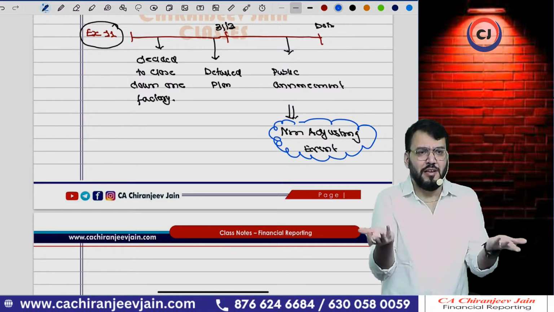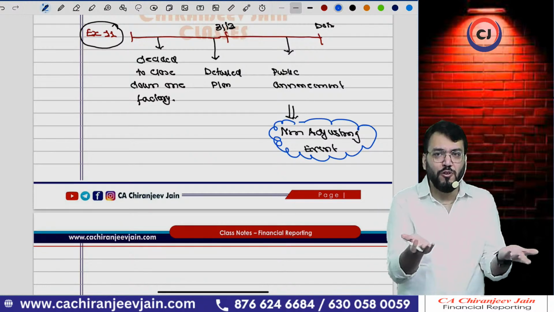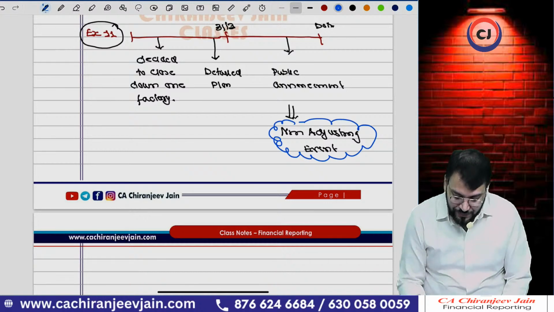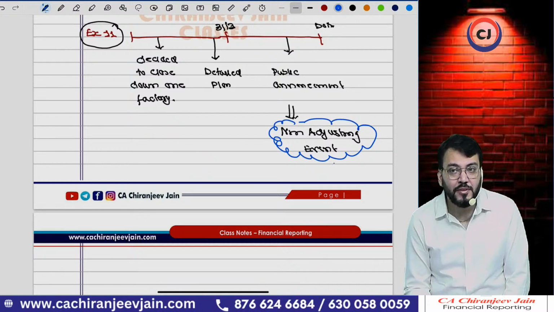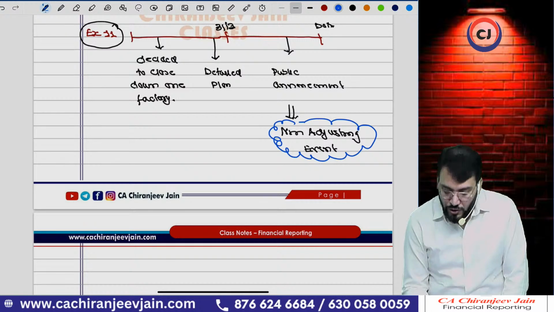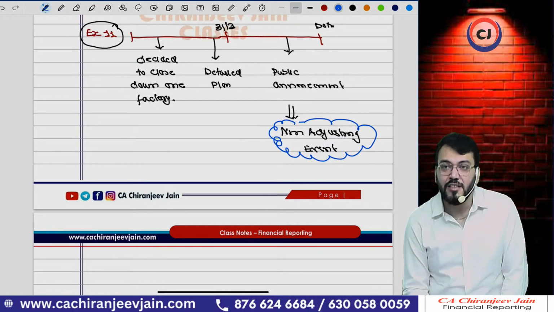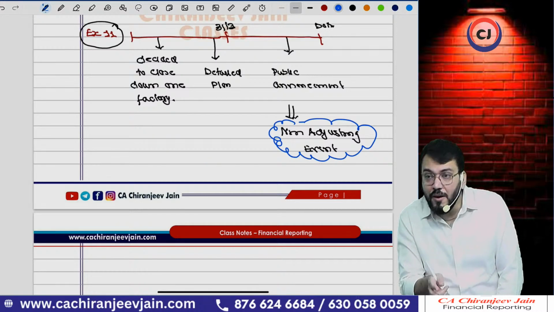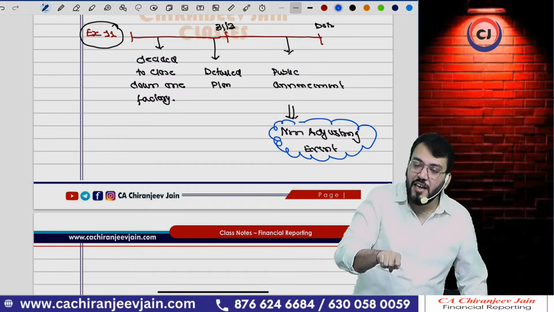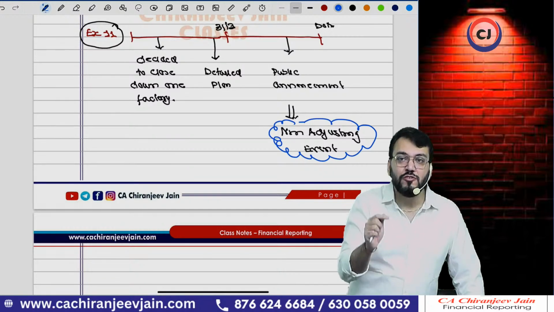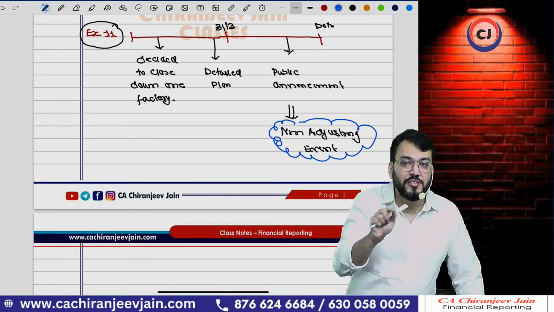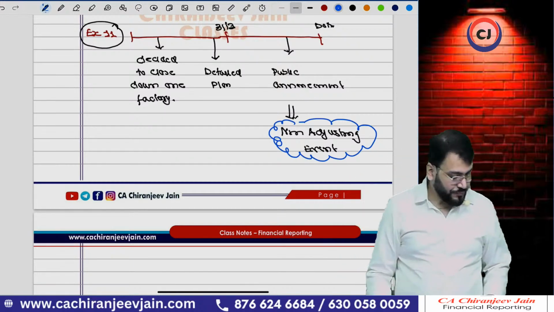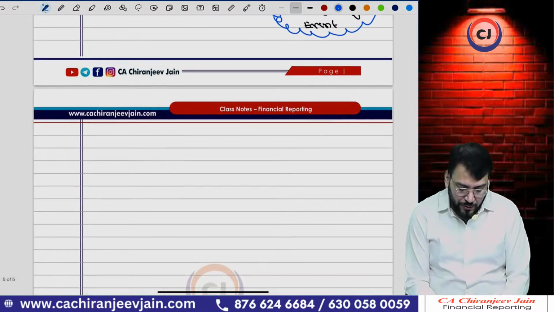If you want to write down the condition, the second condition is satisfied after 31st March. There was a constructive obligation after 31st March. Okay? Chalega. Done. One more question I would like to ask you.